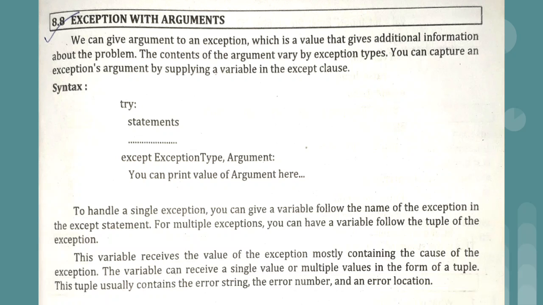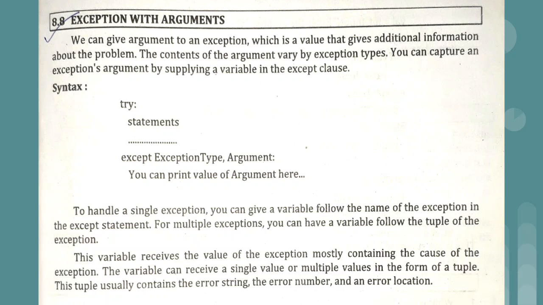Then we have exception with arguments. Exception with argument means we are having certain value, that is we can give argument to an exception, which is a value that gives additional information about the problem. The content of the argument varies by exception types.